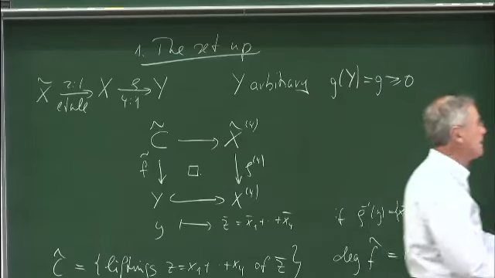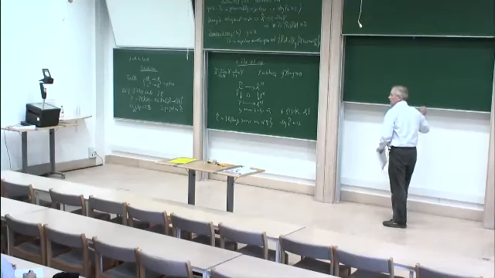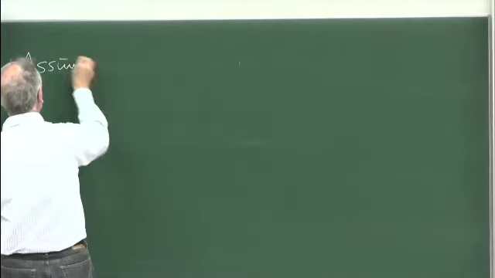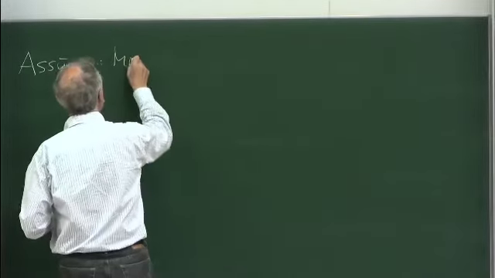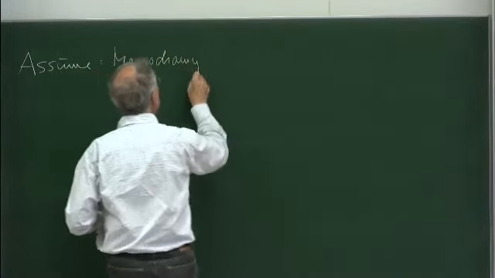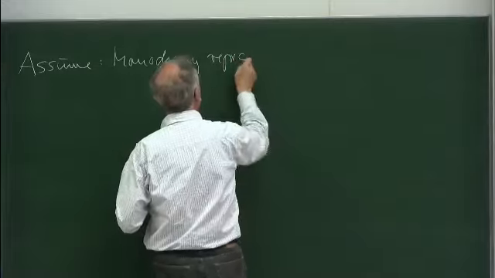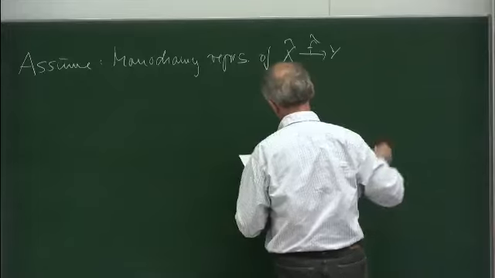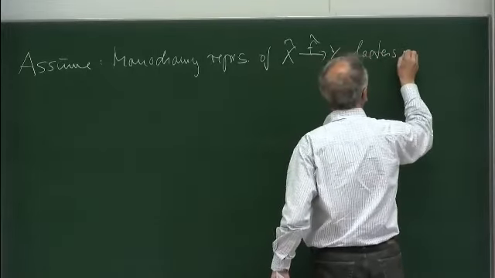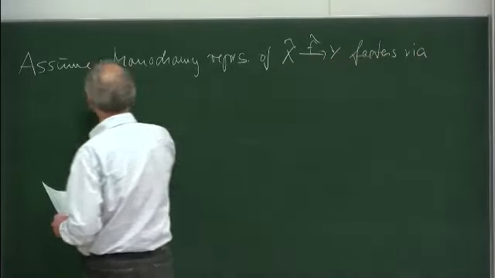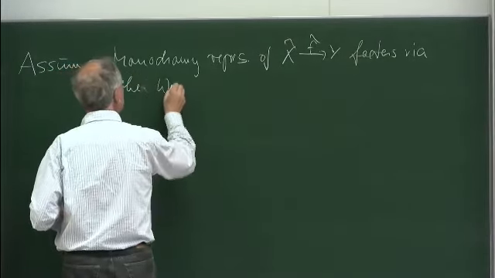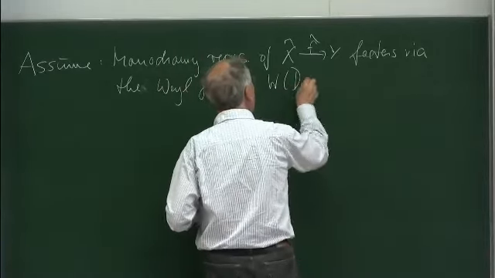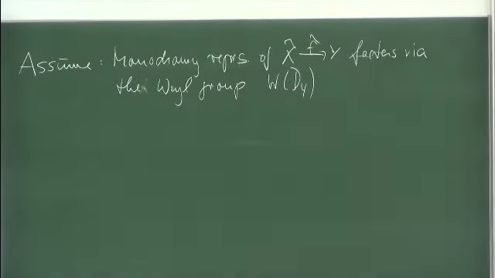And now we have to make an assumption. Assume in the sequel that the monodromy representation of f tilde into the Weyl group W of type D4 factors through it, right?